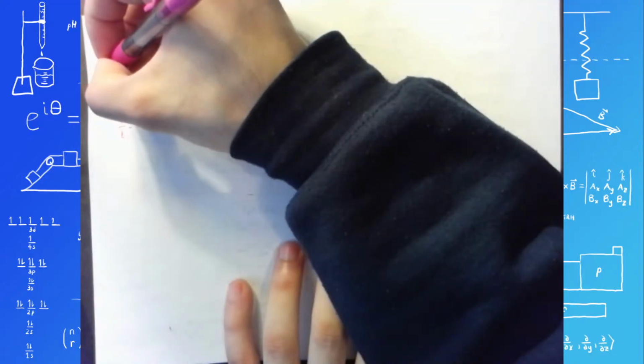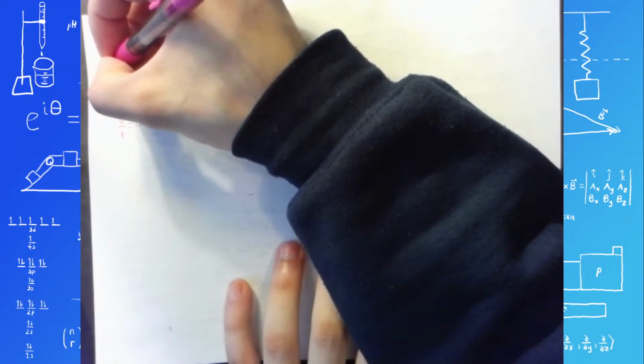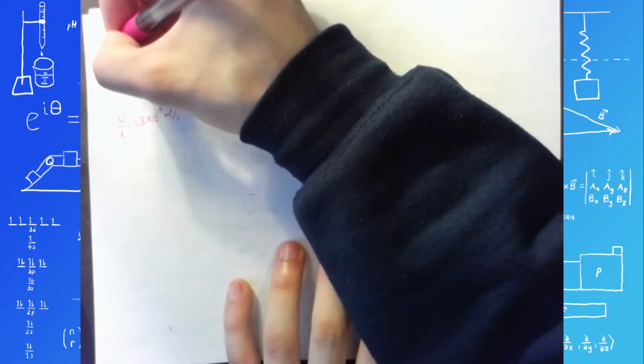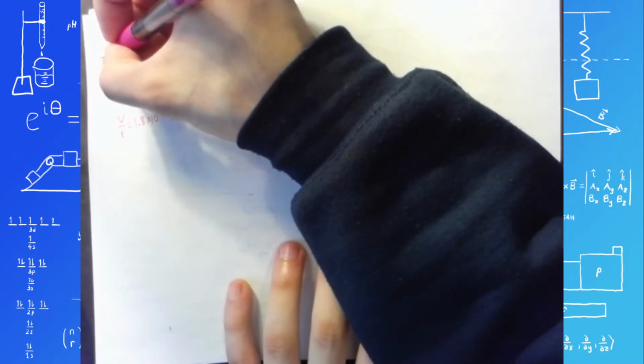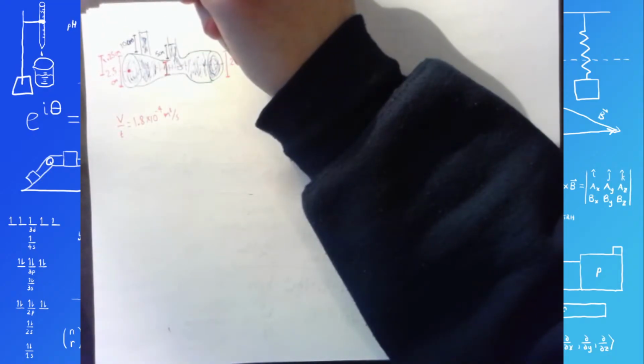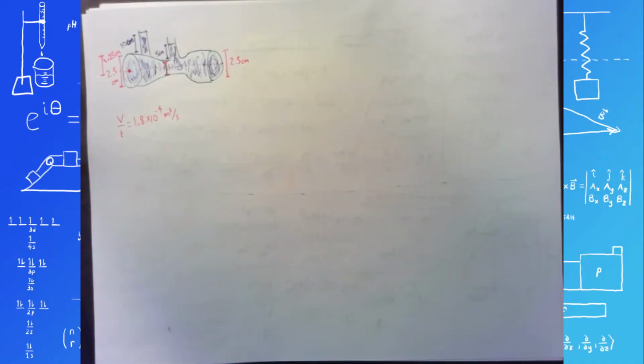If I calculate the actual radius here, half of the diameter of 2.5 is 1.25 centimeters. And then, my drawing is definitely not to scale, huh? Their drawing isn't to scale either.